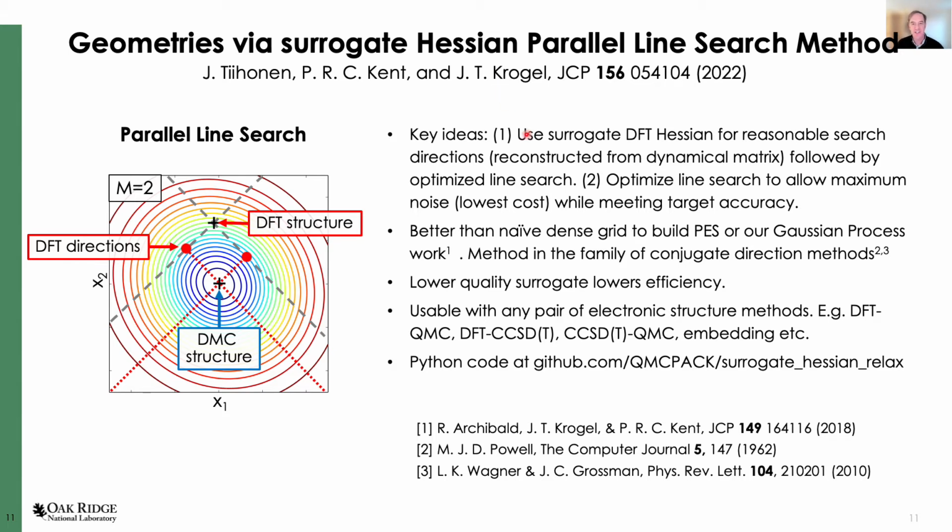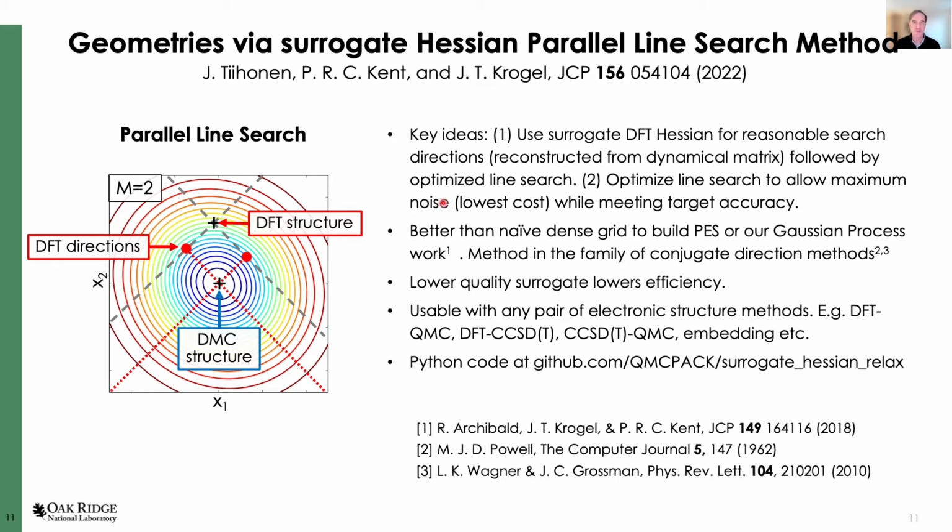So the first is that we're going to use a surrogate method, which will be density functional theory in our case, but it could be another method. And we're going to use this to pick reasonable search directions for our quantum Monte Carlo calculations, given some initial starting structure. So that's shown here. In this plot, we have some initial structure, and we get search directions from the DFT.